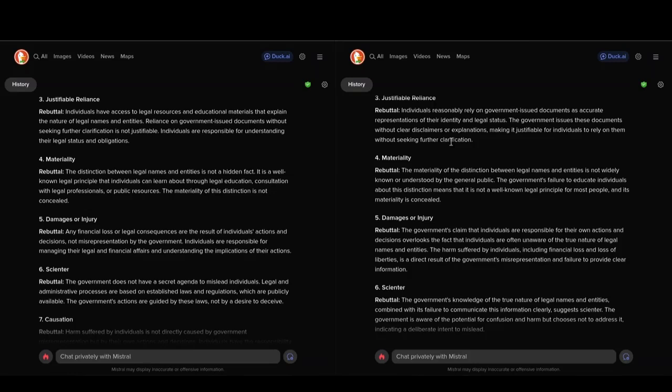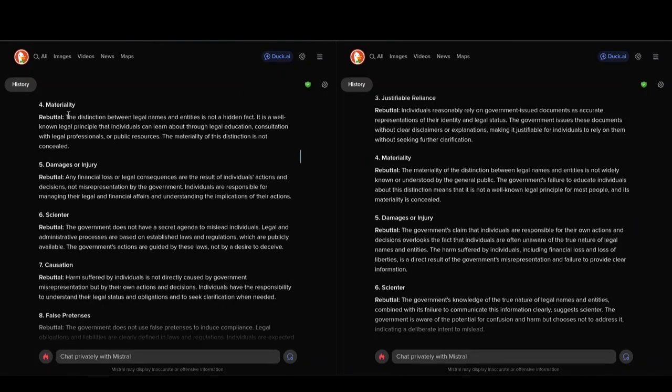This is safe. This is for your best interest. We care about you. We want to make things better. That's what they say. So people have justifiable reliance on the government's word about the legal name and the birth certificates and all their documents, that they'd be telling the truth and they wouldn't leave anything out. Because if there was something important to share, people justifiably believe that the government would tell them.